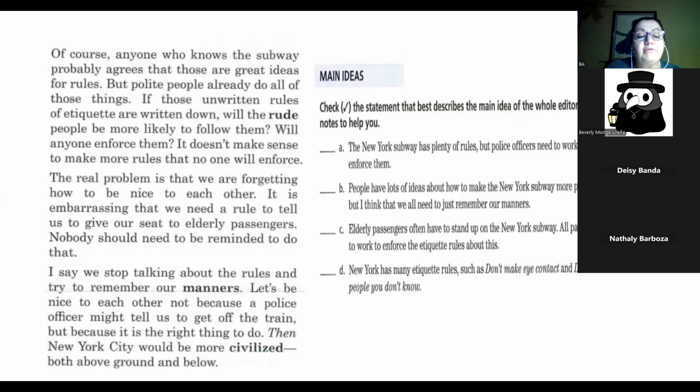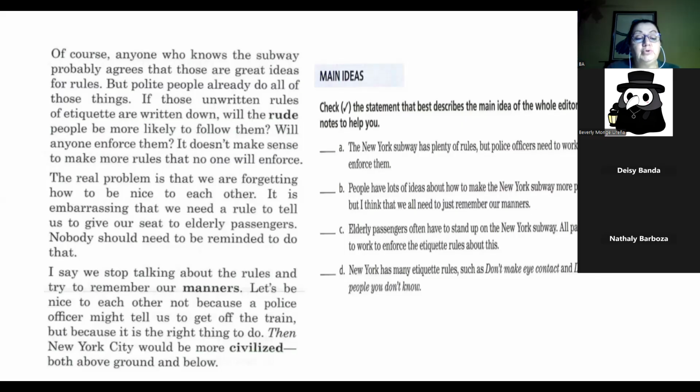Will anyone enforce them? It doesn't make sense to make more rules that no one will enforce. The real problem is that we are forgetting how to be nice to each other. It is embarrassing that we need a rule to tell us to give our seat to elderly passengers. Nobody should need to be reminded to do that.